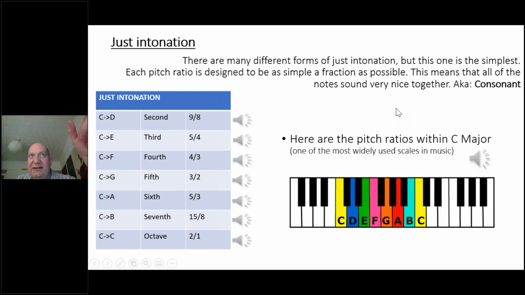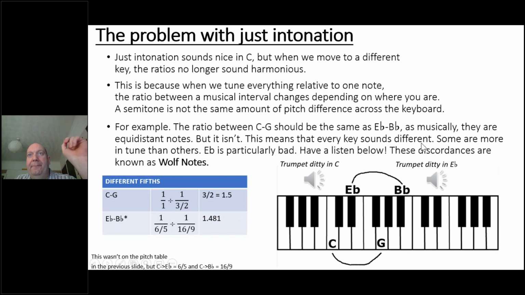But just intonation has a problem. If I take a C and move to a G, and look at the maths of that ratio, and then I do an E flat to a B flat, which is the same number of semitones, it's a different pitch difference, ever so slightly.